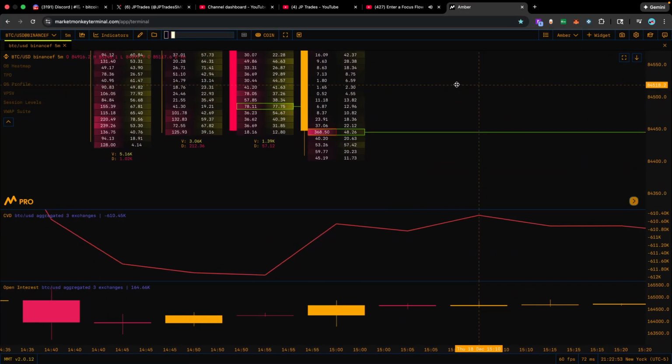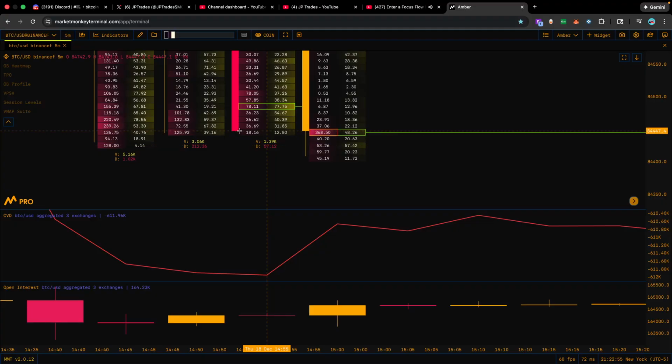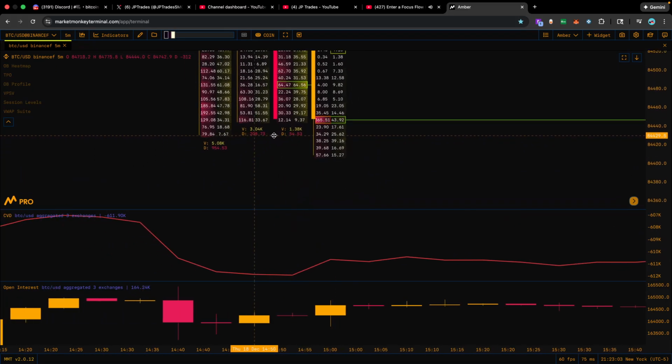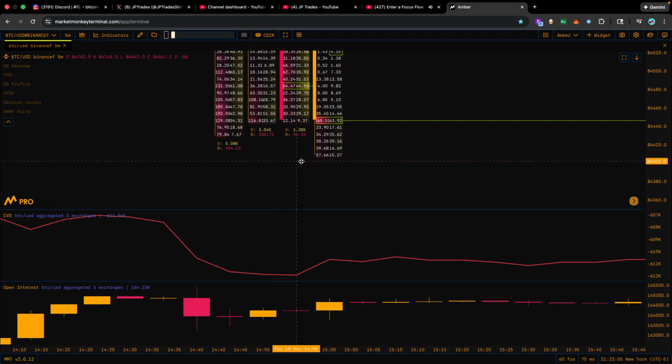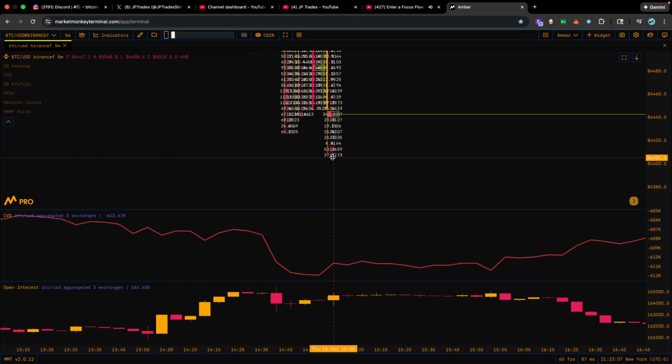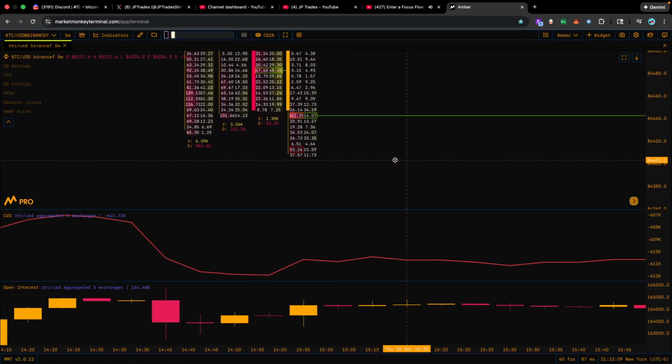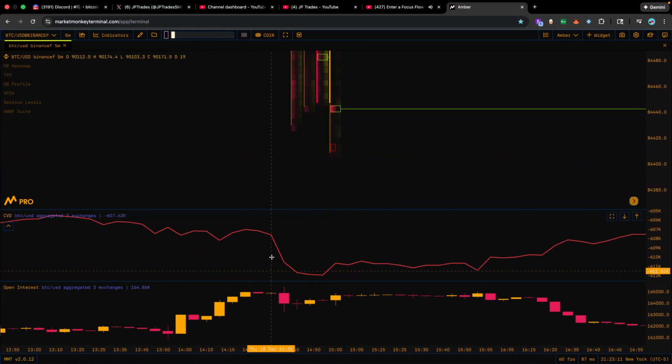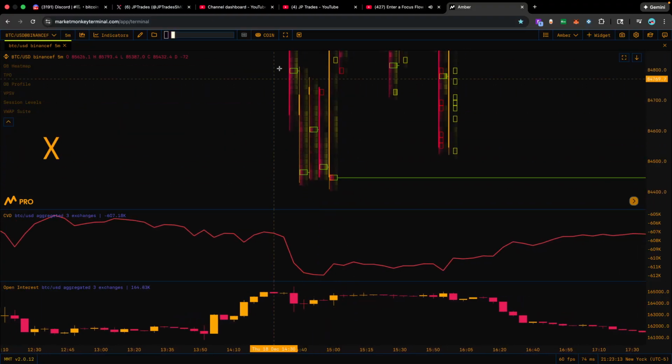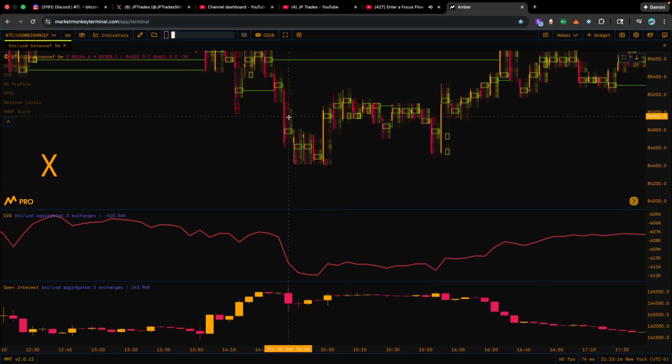And when we take a closer look at this, we also see CVD rising while we have price still trying to break down below this level rather. That is also giving us some very, very valuable information as price is coming down rather harshly with tons and tons of selling.